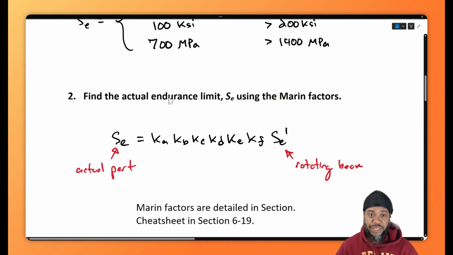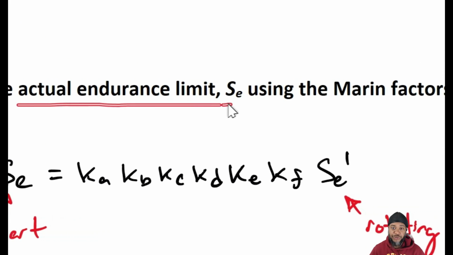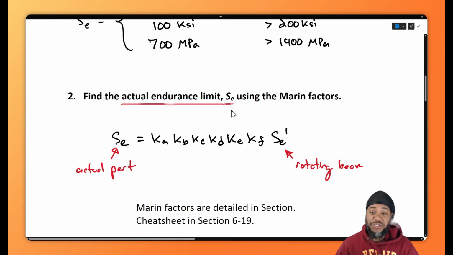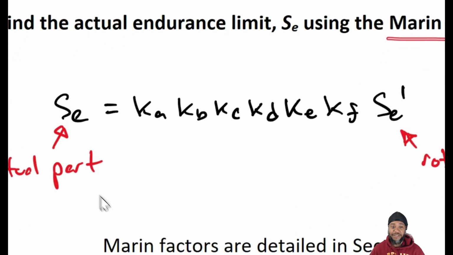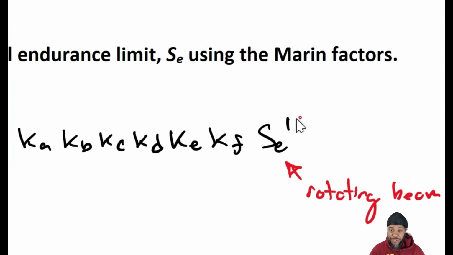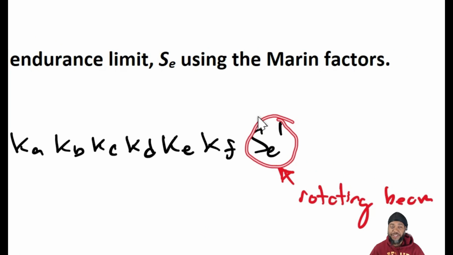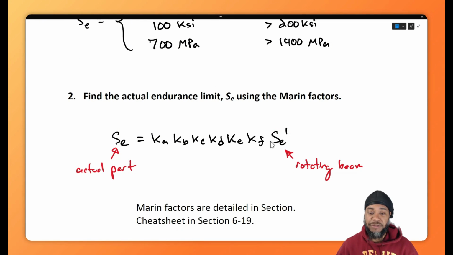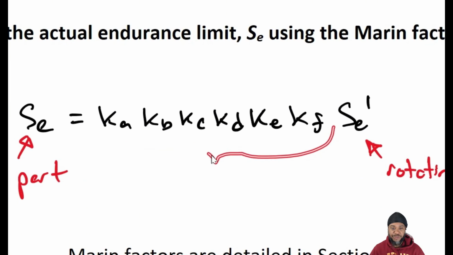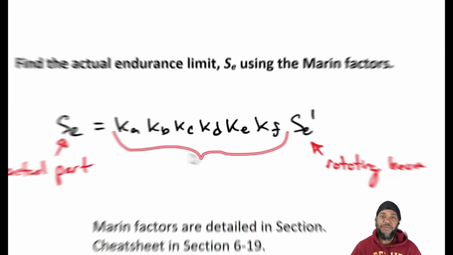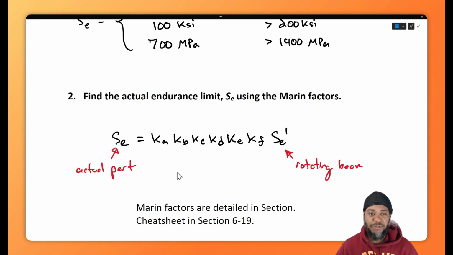Step two is to find the actual endurance limit of our specific part. To do that, we apply our endurance limit modifiers, the Marin factors. We found the rotating beam endurance limit, and now we have to find each of these K factors and see how they apply to our specific problem.